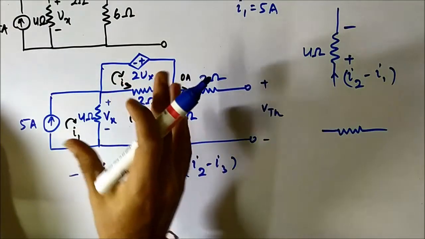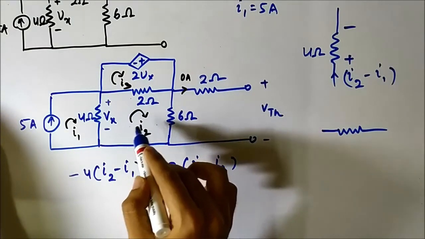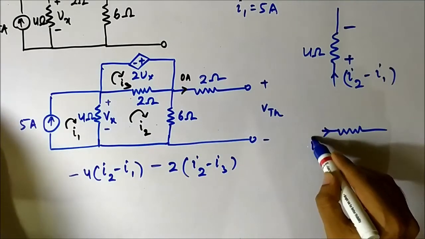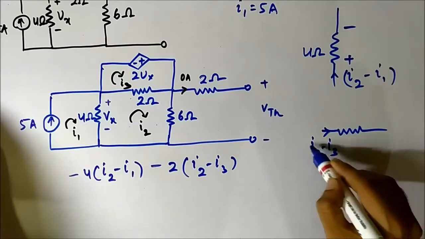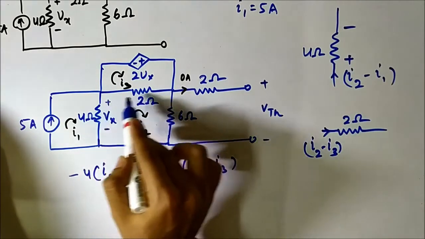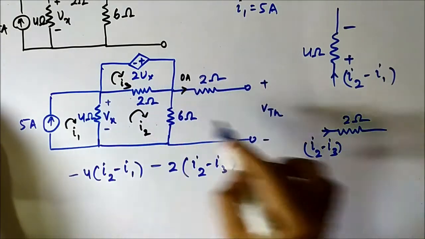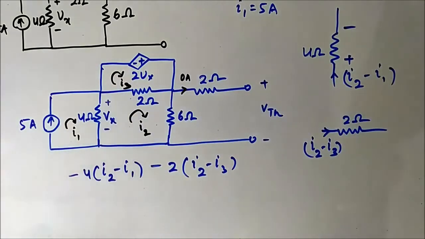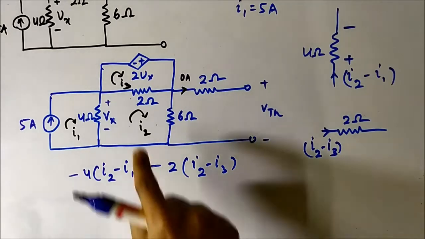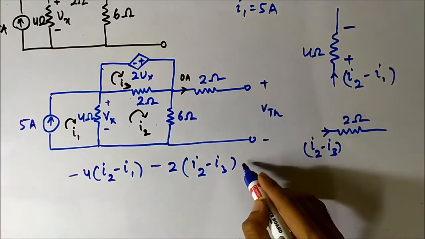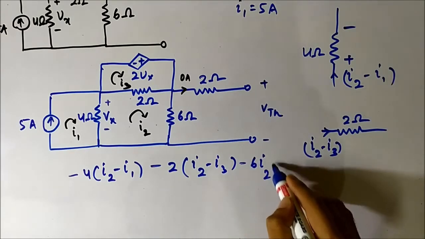As we are writing the mesh equation for the second mesh, I2 will be the reference current, and it will be I2 minus I3 for this 2 ohm resistor. I have already made a video related to loop and branch currents, you can check that video also. And here it is minus 6I2, that is equal to 0.